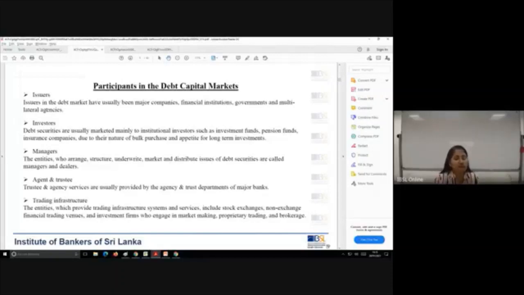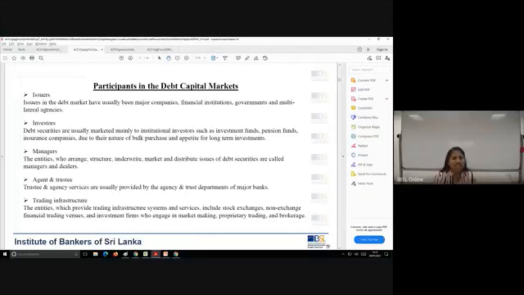Then you have managers, who we saw in that example earlier. They are the ones who will arrange, who will structure for you, who might underwrite, who will market and distribute the debt securities issue. You will have some additional parties involved called the agent and trustees.